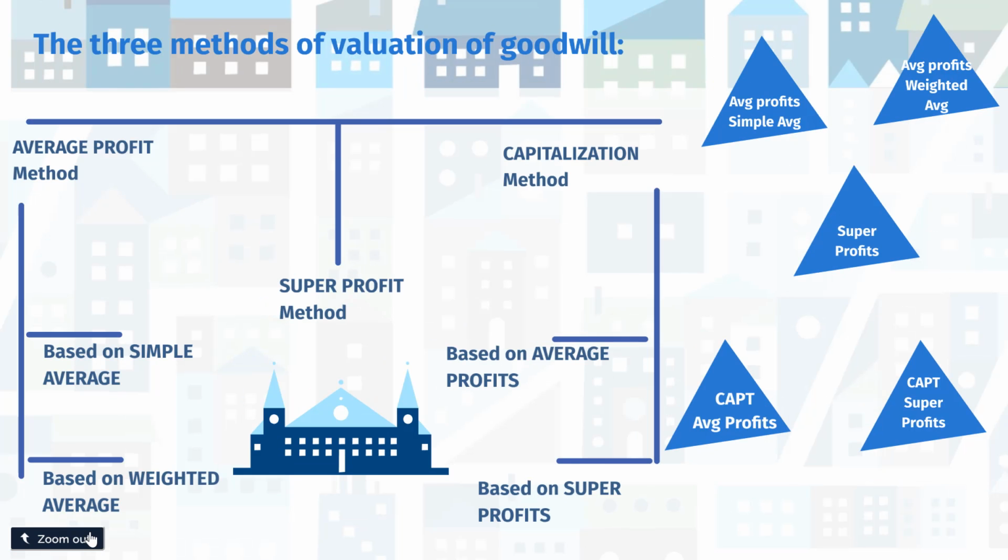Now, while discussing these formulae in the three methods of valuation of goodwill, we saw that terms such as average profit, simple average, weighted average, and number of years purchase, etc. have been used.